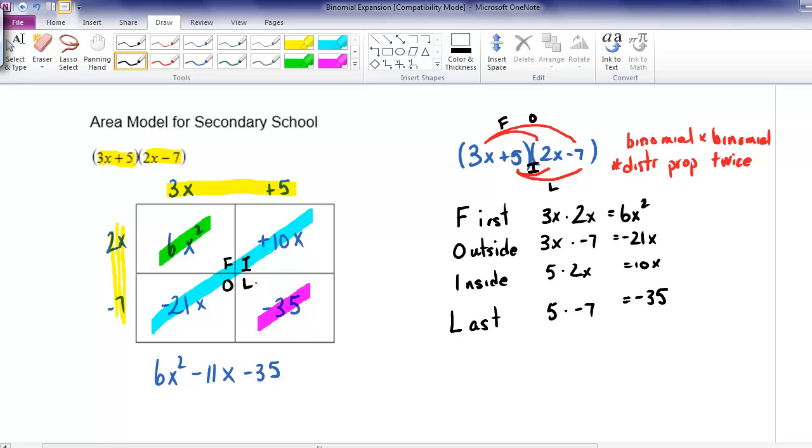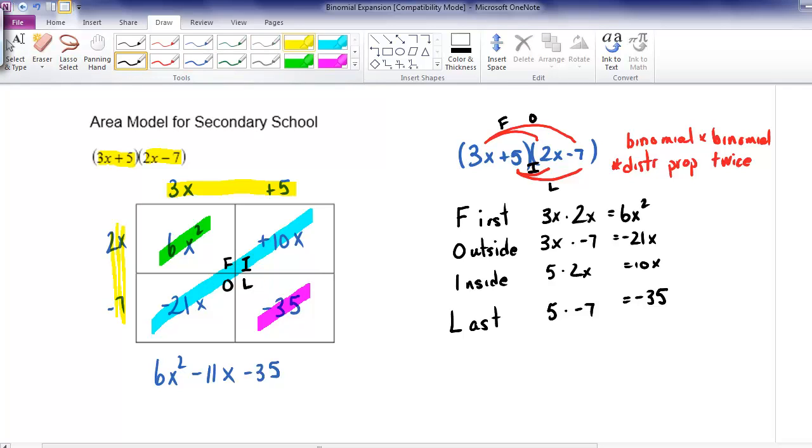So just like FOIL organizes multiplying binomial times binomial algebraically, an area model organizes it pictorially, and either way you get the same answer.